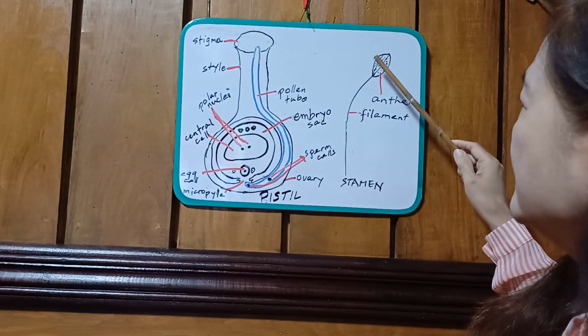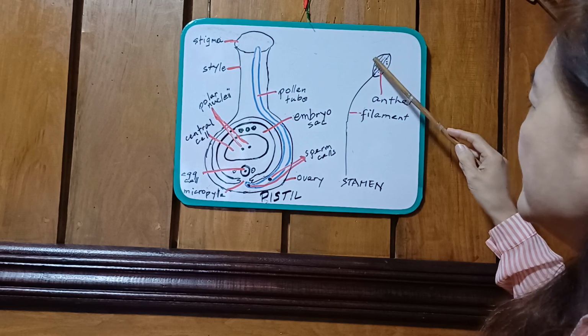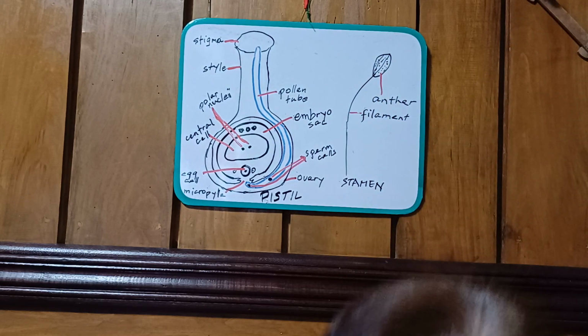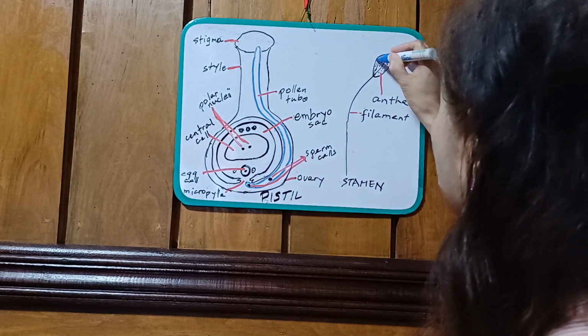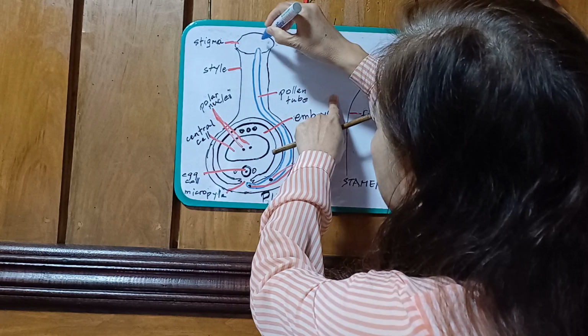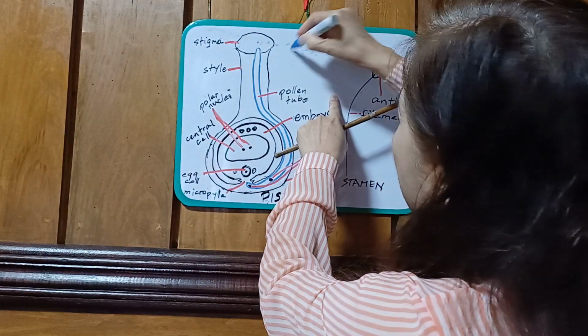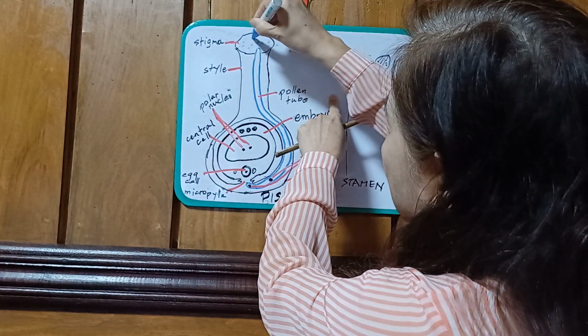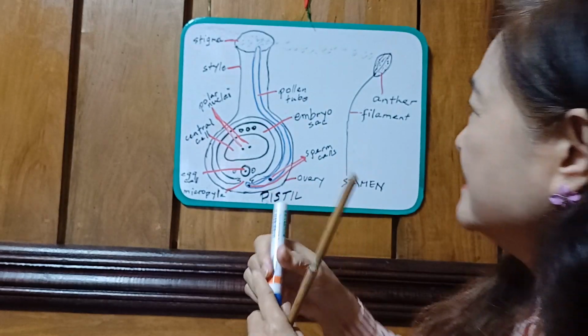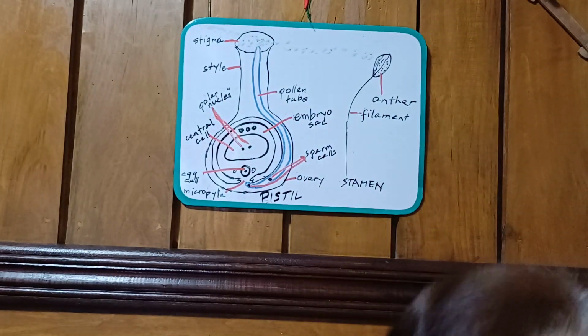So pollination, I just said, is the transfer of pollen grains from the anther to the stigma. Okay, so pollen grains are caught there by the stigma. This is the stigma, by the way.